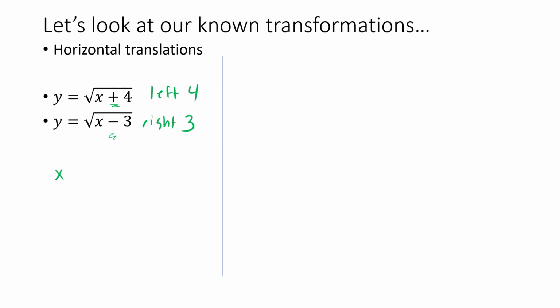And if you question that, you could go ahead and just build up the points or build the table. So I'm just looking at this. If I plug in a negative 4, okay, we'll just do the top one here. Negative 4 plus 4 is 0, and the square root of 0 is 0. And so when x is negative 4, the y coordinate is 0.